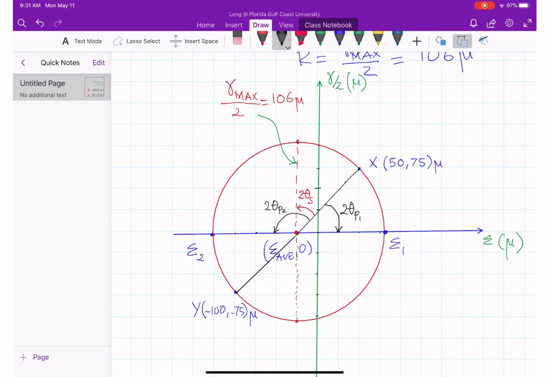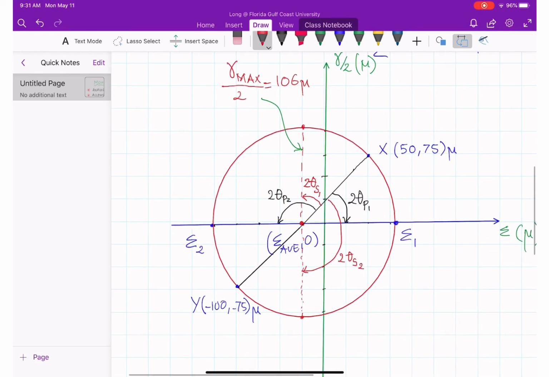What you read on the protractor is 2 theta p1, 2 theta s, and 2 theta p2. The others are 2 theta s1 and 2 theta s2, so 2 theta for each, and you can see there.